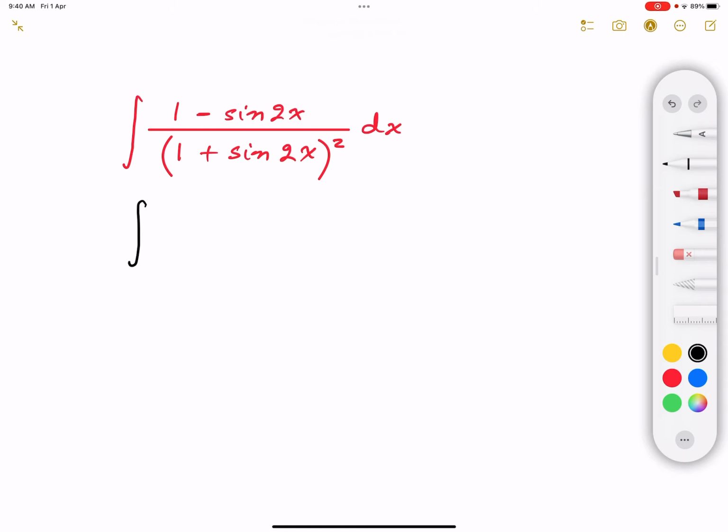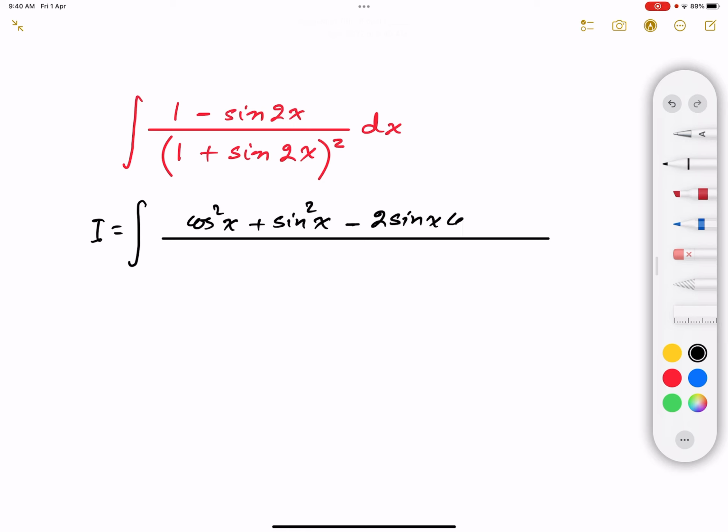So the integral becomes: the 1 can be rewritten as cosine squared of x plus sine squared of x minus 2 sine x cosine x. The denominator can be rewritten as cosine squared of x plus sine squared of x plus twice sine x cosine x, and that is raised to the power 2, and we have dx here.